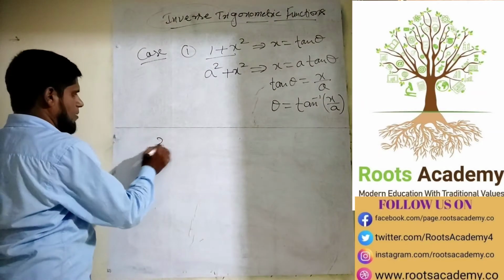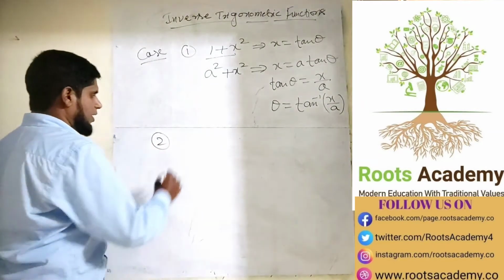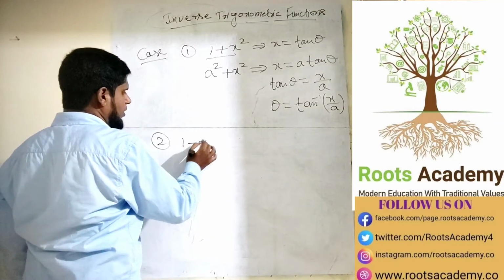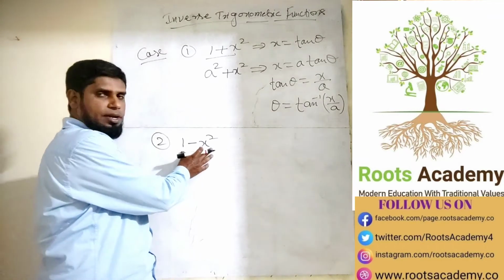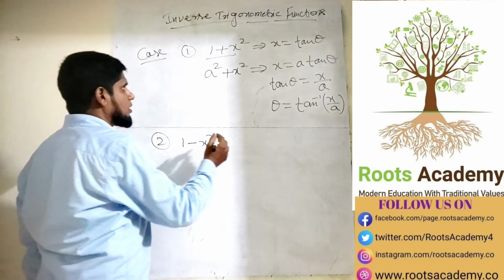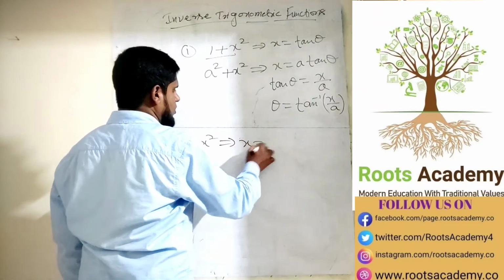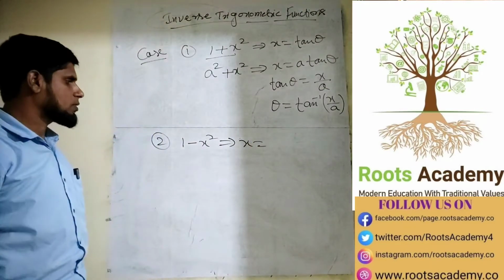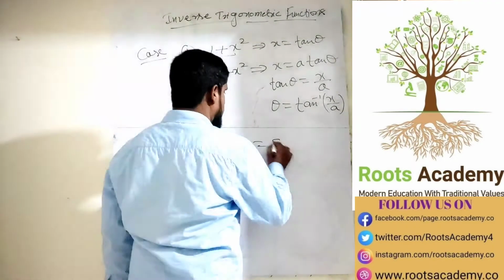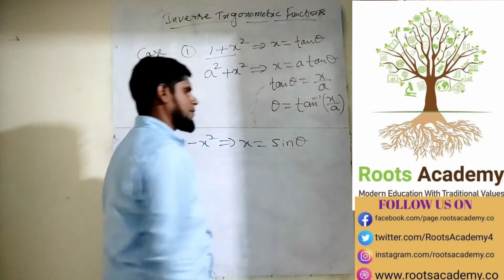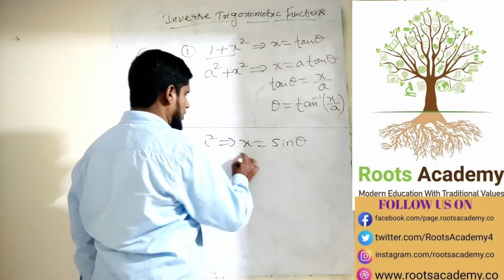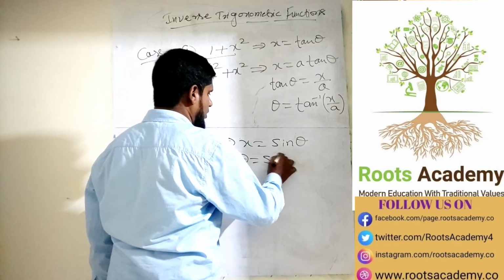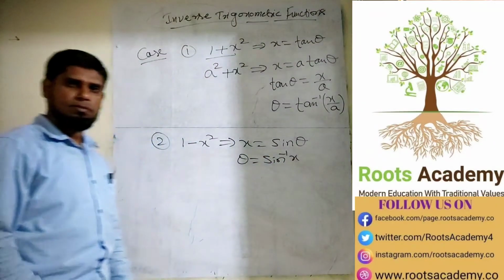Second case. If I have 1 minus x square in the denominator or anywhere in the function, then we can consider x is equal to sin theta. Then my theta will be sin inverse x.